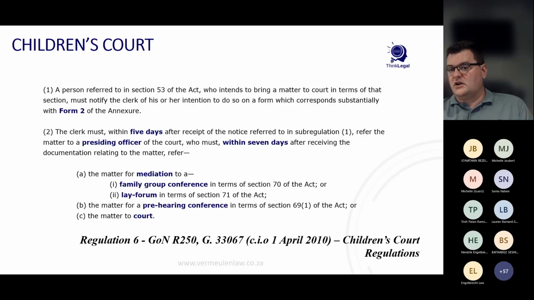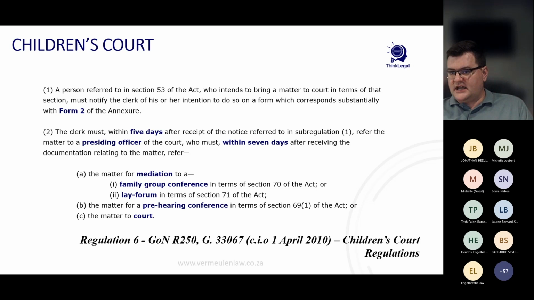I see Karen just pointed out some courts do insist on an affidavit together with a Form 2 for some reason. The magistrate, or the commissioner in this case, who is a magistrate as it were, must then make an election to refer the matter for mediation, go to a pre-hearing conference, or refer the matter to court.